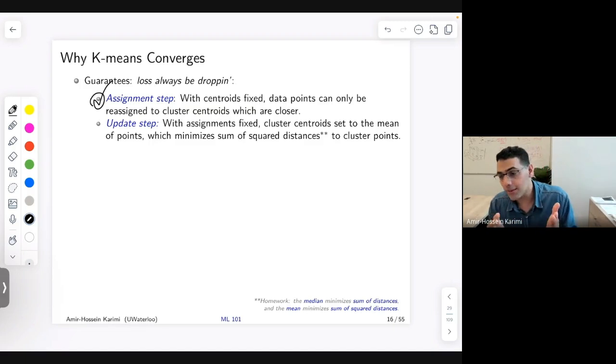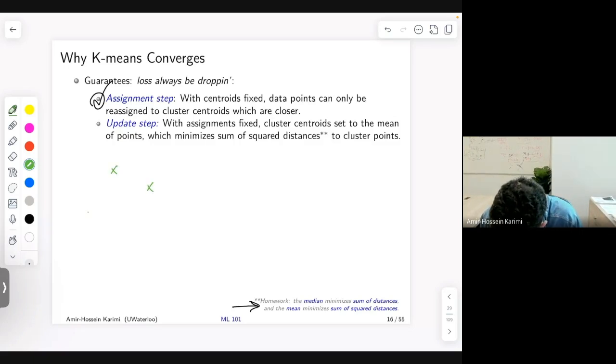And then the update step says, with the assignments fixed, we're going to move the cluster centroids to the mean of all the points assigned to it within that centroid. And I'll leave this as homework for those who are interested, but moving to the mean point of any group of points minimizes the sum of distances between the mean and those points. So let me maybe draw it out.